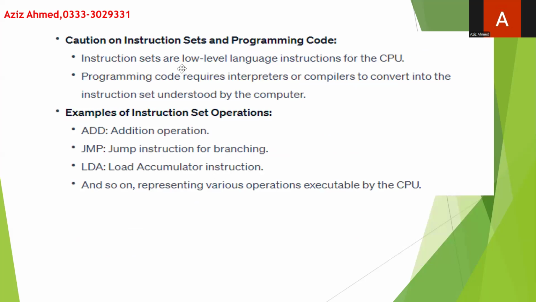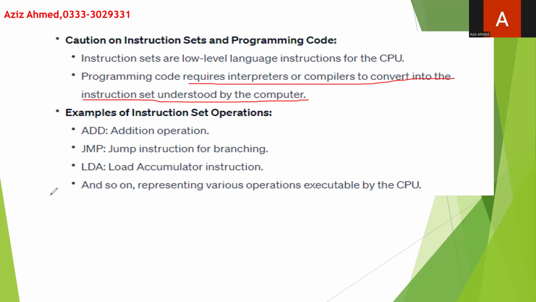Now it says instruction sets are low level language instructions for the CPU. So programming code requires an interpreter or compiler to convert it into the instruction set understood by the CPU. Whatever high level language we use, we need translators: one is an interpreter, one is a compiler.